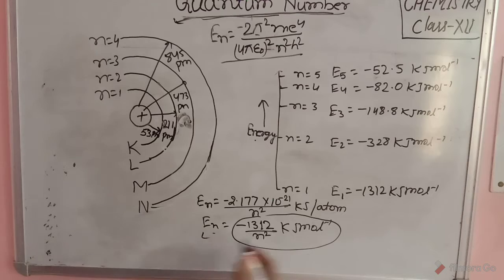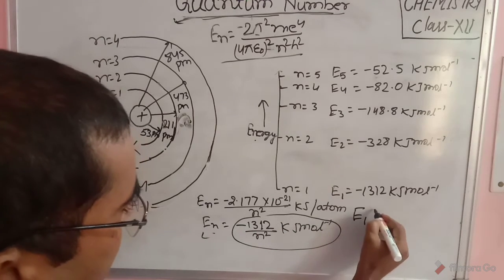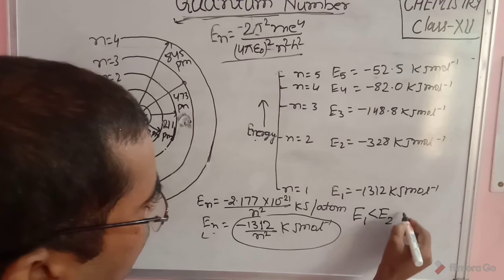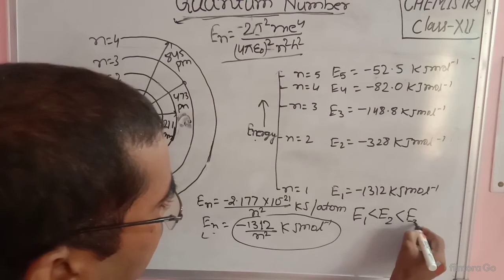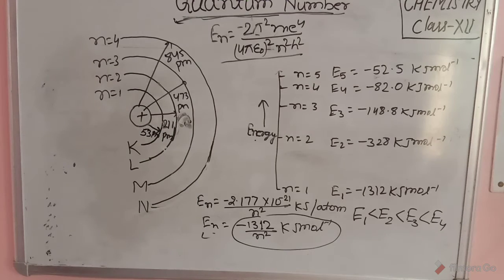It is E1, E2, E3, E4, that is, the energy of an electron in an atom increases with the value of the principal quantum number.